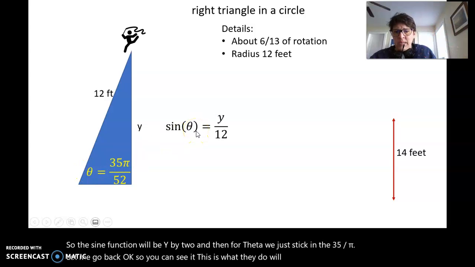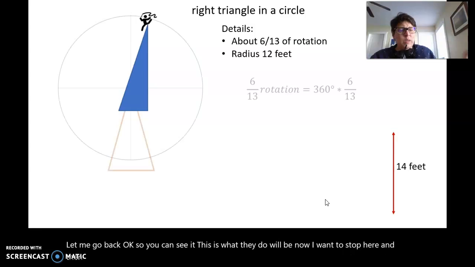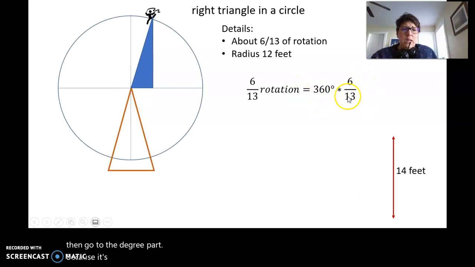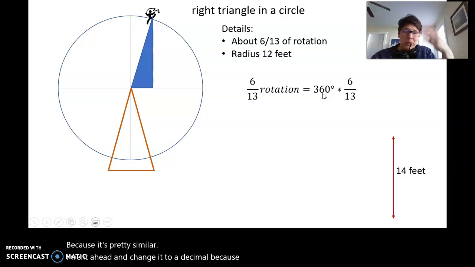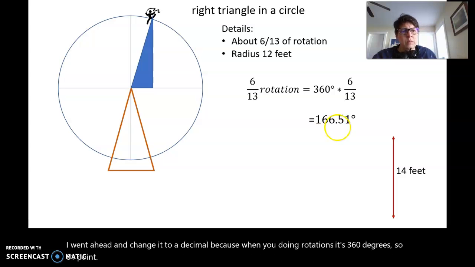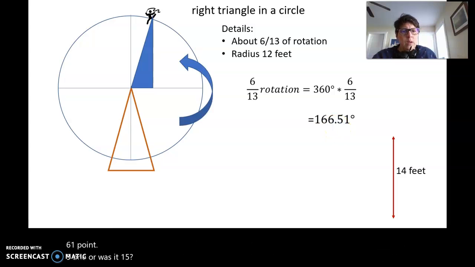Now I wanted to stop here and then go to the degree part because it's pretty similar. I went ahead and changed it to a decimal because when you're doing rotations it's 360 degrees. So 61.51, or was it 15? Let's see what I wrote.